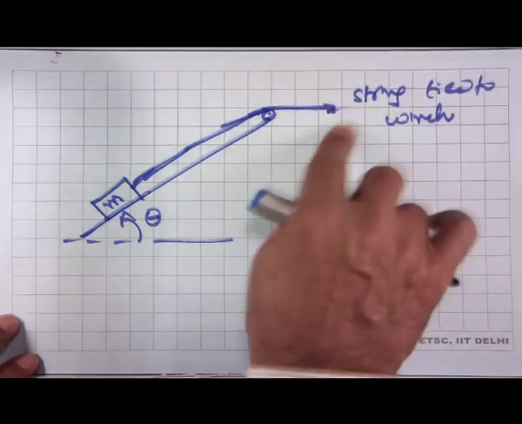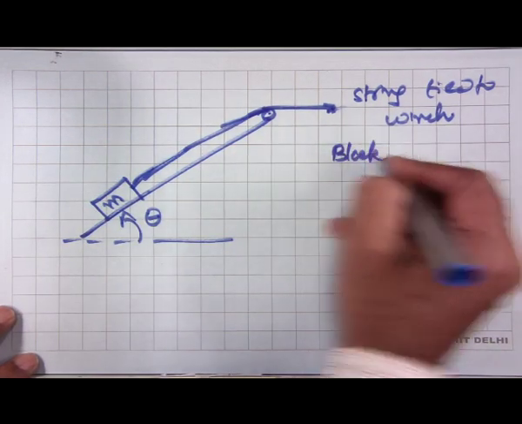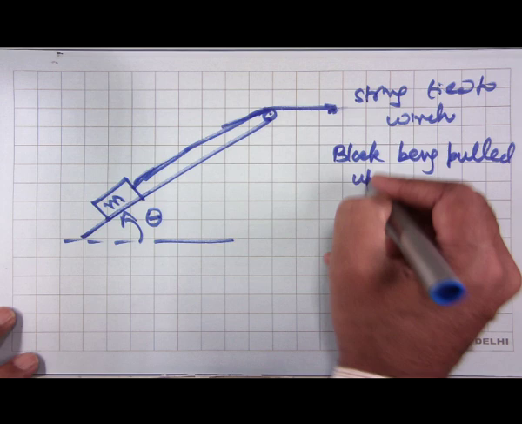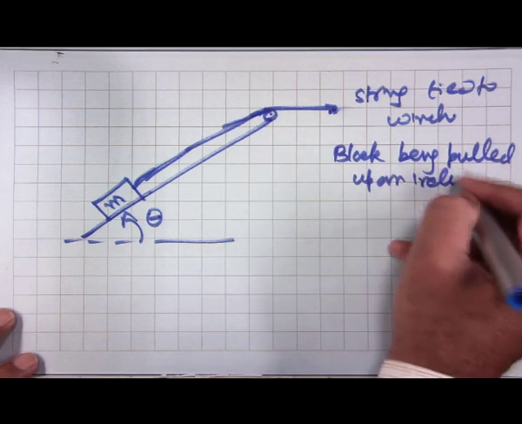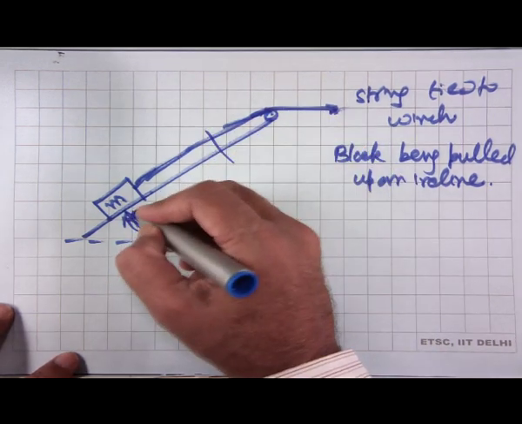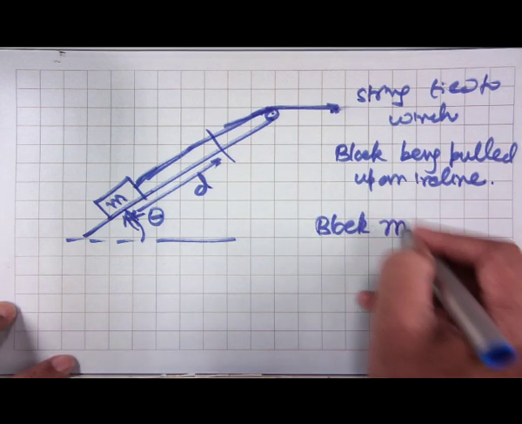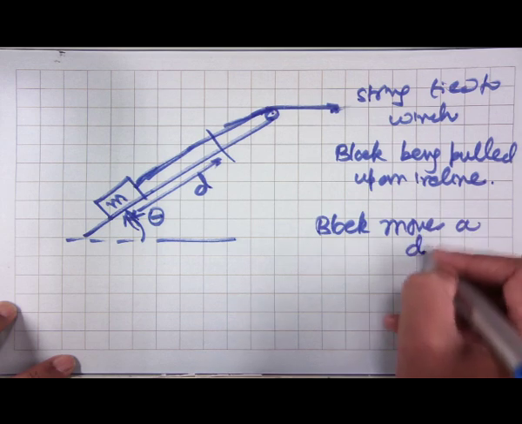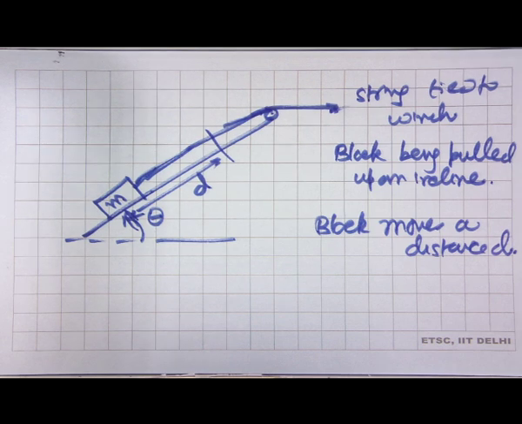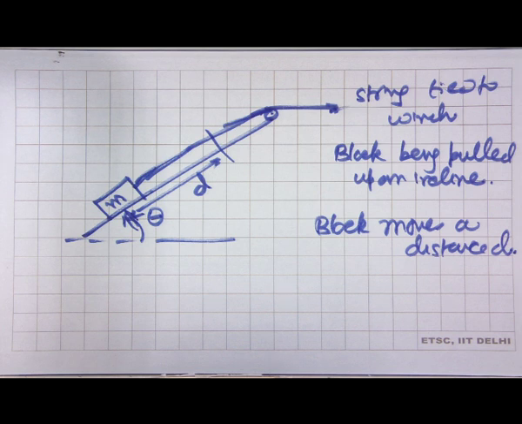As the winch rolls the string, it pulls up the block. So, we have a block being pulled up an incline. This incline is straight and the block moves a distance d. The angle of the ramp is theta.